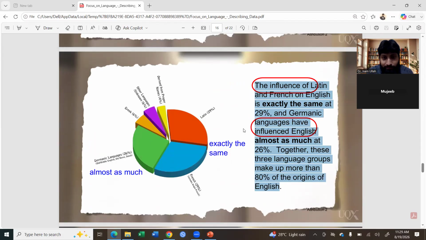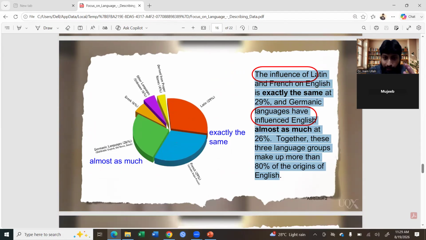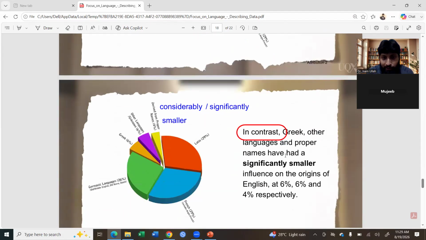The contribution of French, Latin, and Germanic languages was high, so they are discussed in one paragraph. The contribution of the other three, Greek, other languages, and proper names, is low. So in contrast to those languages, the contribution of these three languages is low. Is it clear?